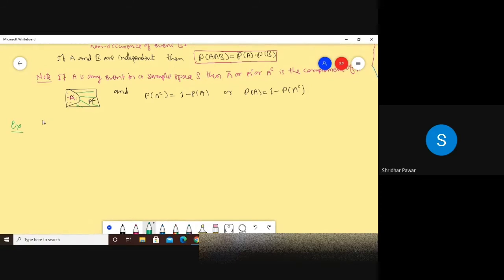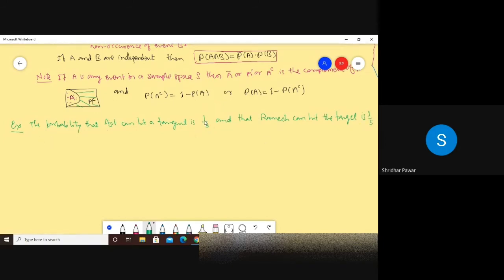So see example. The probability that Ajit can hit a target is 1 by 3, and that Ramesh can hit the target is 1/5.